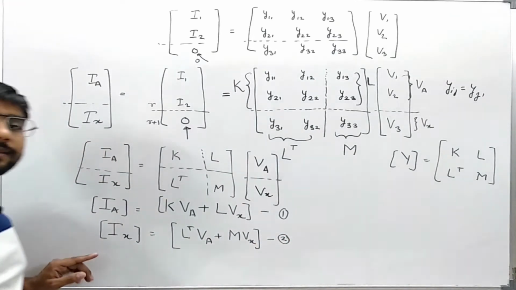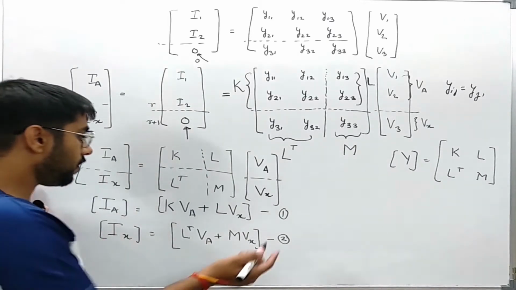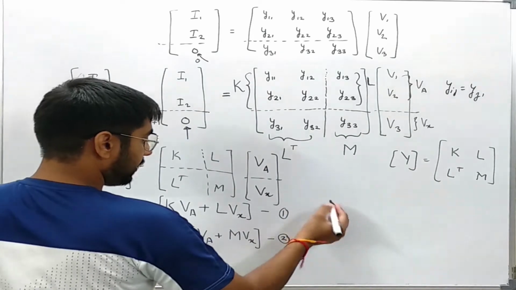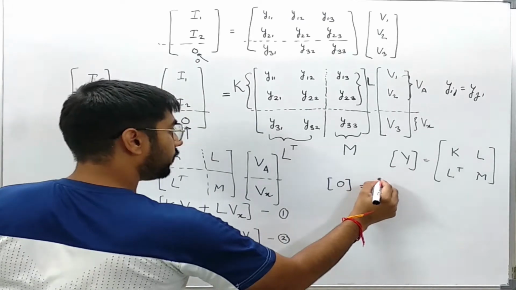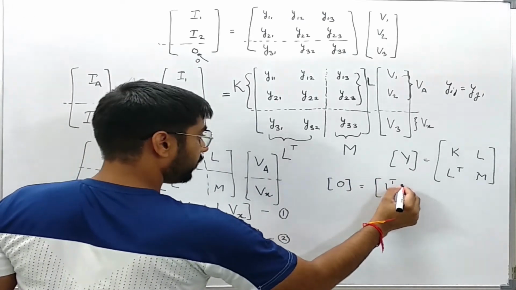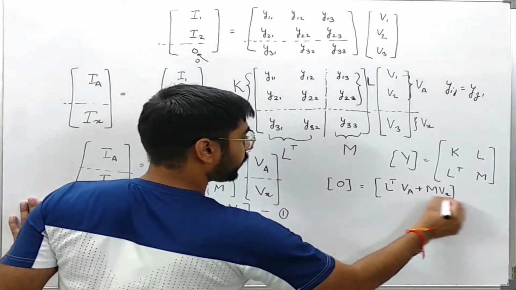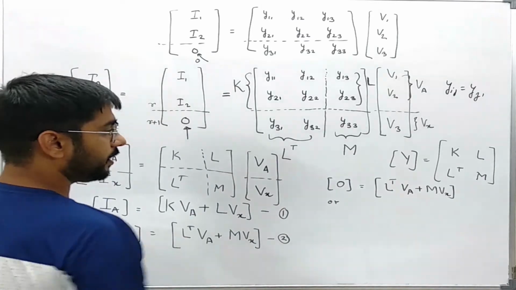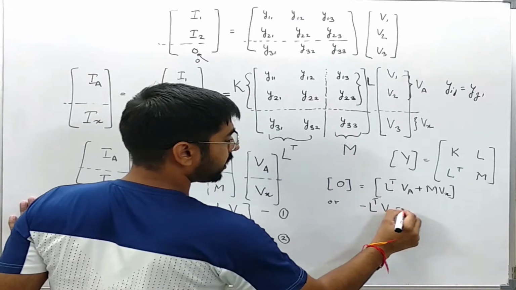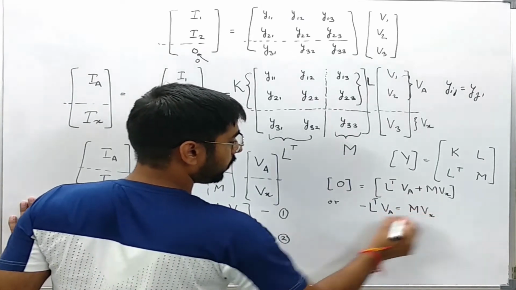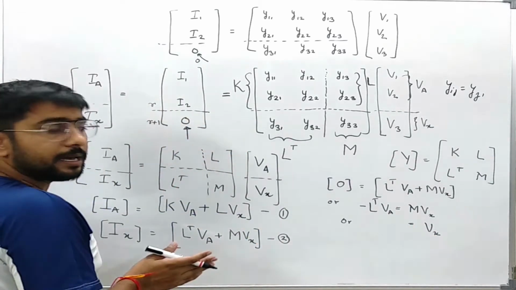Now I know that IX is a zero matrix because it has only 0 elements. So I can write that 0 is equal to L transpose VA plus M VX, or minus L transpose VA is equal to M VX, or Vx can be written by pre-multiplying with M inverse.